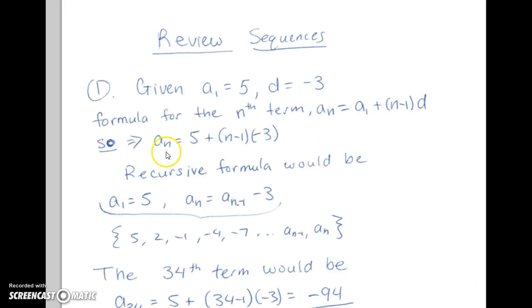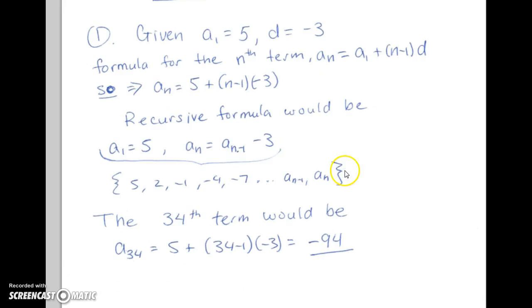Okay, so here's our generic nth term sequence. A sub n equals 5 plus n minus 1 times negative 3. The first term, the common difference. Okay? If you're asked for a recursive formula, it's very basic.